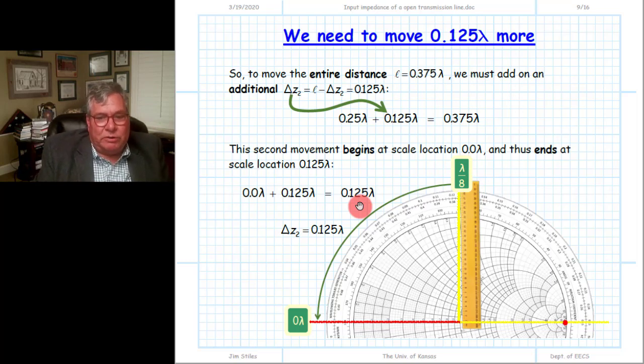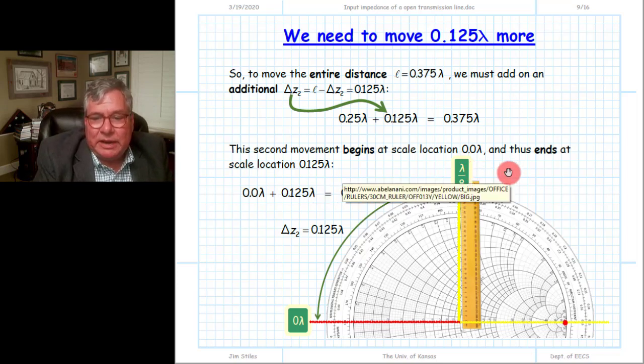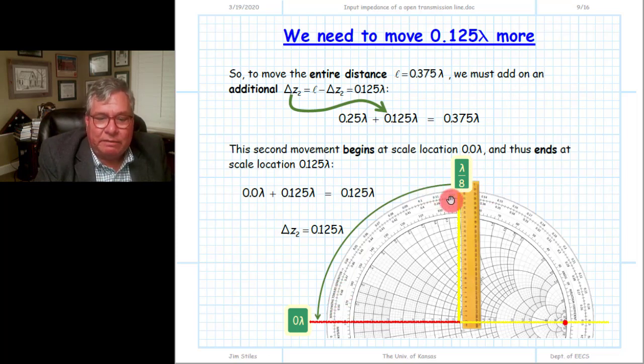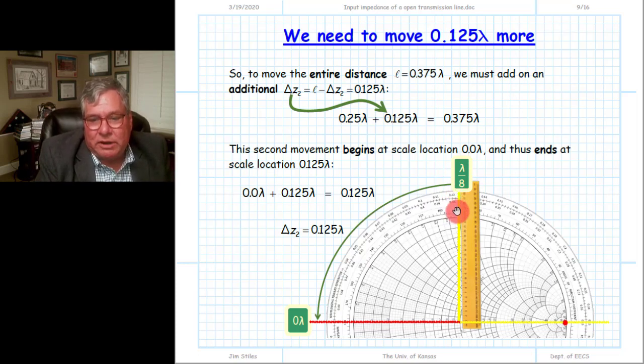This 0.125 is the value of the outer scale marker. So we rotate until we get to that point. So we rotate around, and we find here on the wavelengths toward generator scale, right about here, we get a value of 0.125 on that outer scale. We mark it with a pencil, and then we take a straight edge and draw a line from the center of the Smith chart outward to that mark.